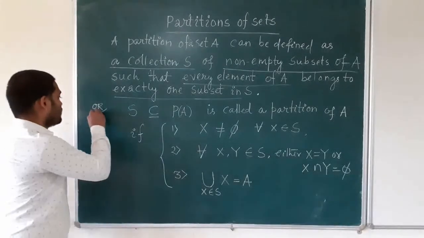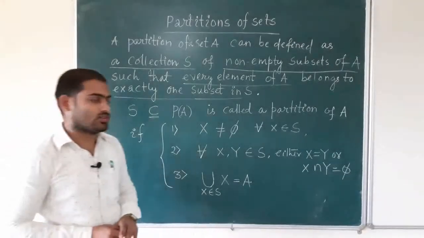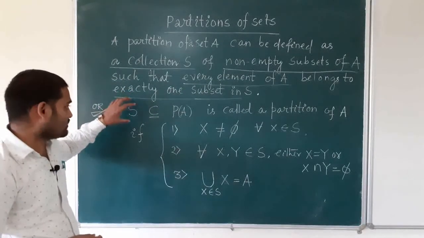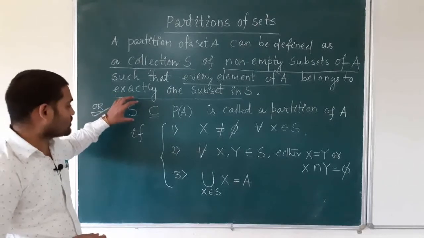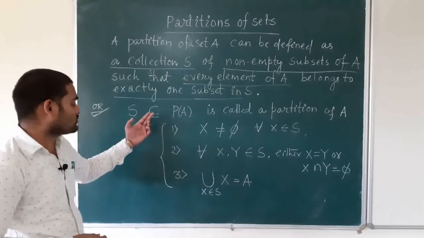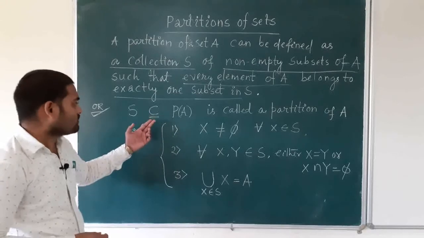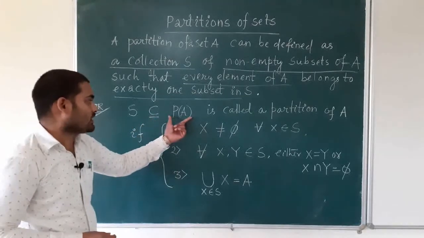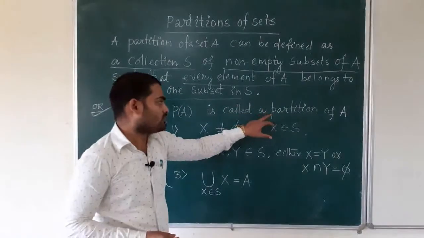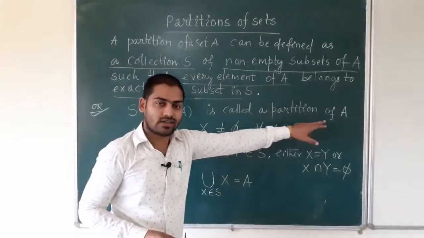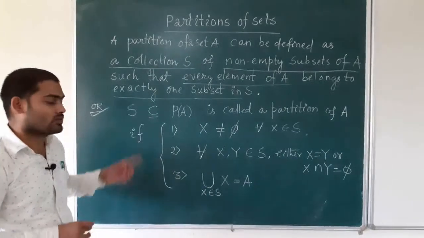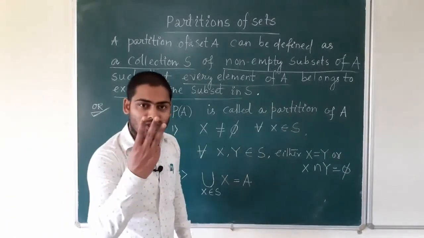In other words, we can say this S, this collection of non-empty subsets of A, is a subset of the power set of A, and S is called a partition of set A if it satisfies three properties.